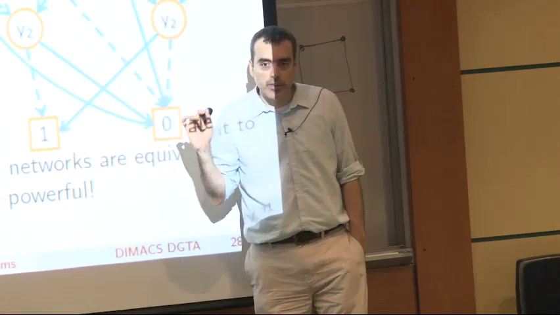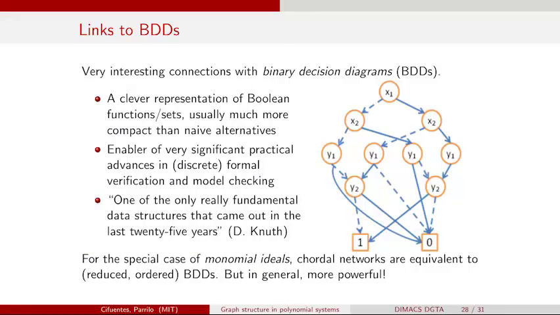First of all, there are very, very interesting connections. We didn't realize this at the beginning. There are some very nice connections with some data structures that people have used in computer science. If any of you know about something called a binary decision diagram: a binary decision diagram is a very clever representation of a Boolean function.